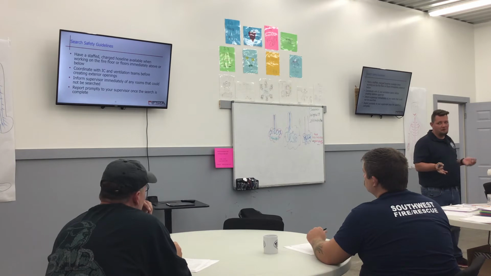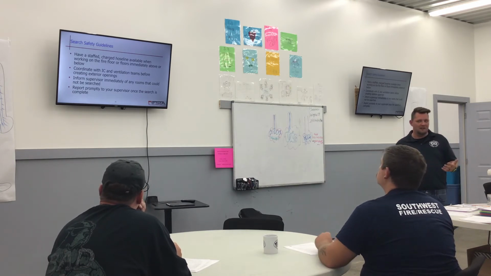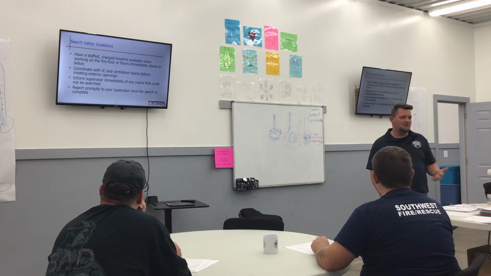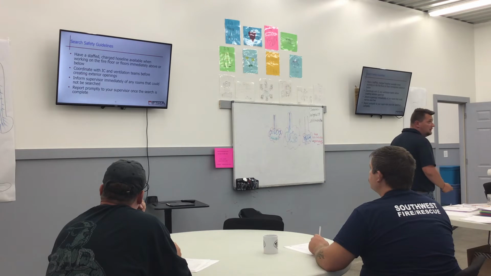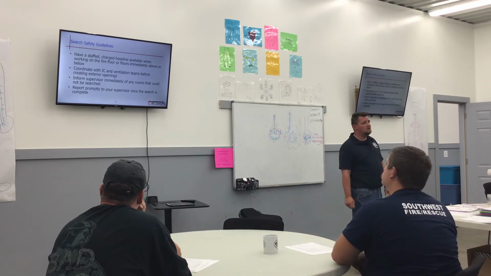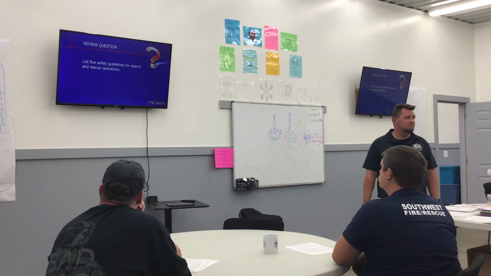Because of flow path, we create an opening and that flow path comes directly towards us. What's also going to happen? Fire's going to come right after. Inform your supervisor immediately of any rooms that could not be searched, and report promptly to your supervisor once the search is complete.